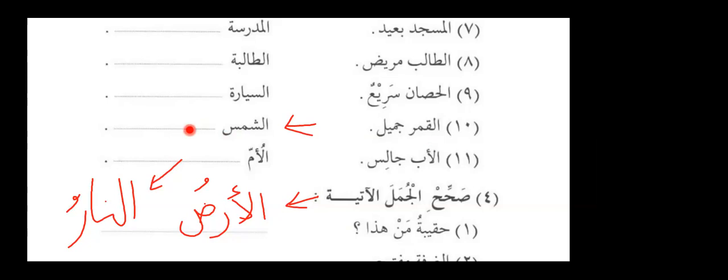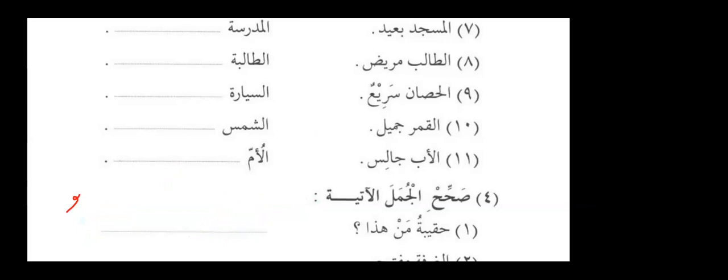It's just something that is like that in their language for some special nouns like Ash-Shams, Al-Ard, and Nar. So the question now is how will you know that it is feminine when there is no sign, especially if you're a beginner?